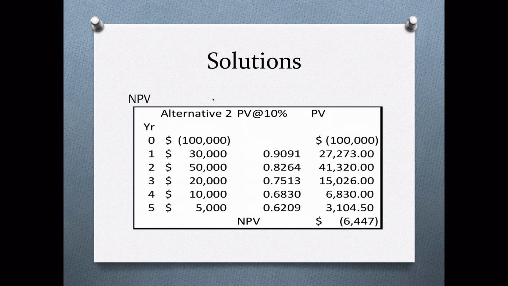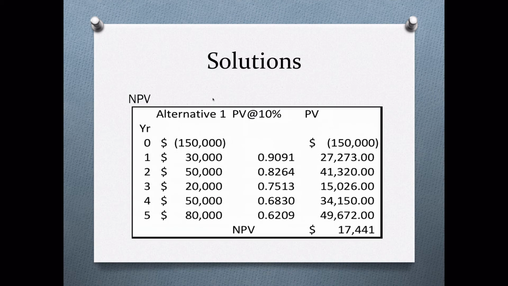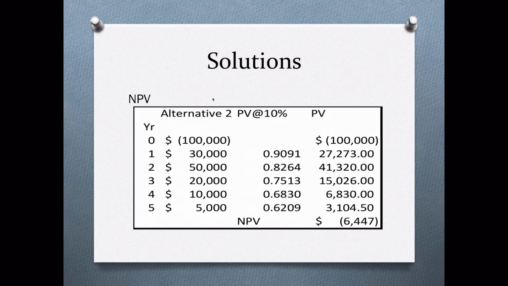Now, the next part of this is to calculate the IRR. If we go back to alternative 1, we know that the internal rate of return of this investment is higher than 10%, probably much higher. By the same token, when we look at alternative 2, we know that the IRR is lower than 10% because we did not accept it at 10%.